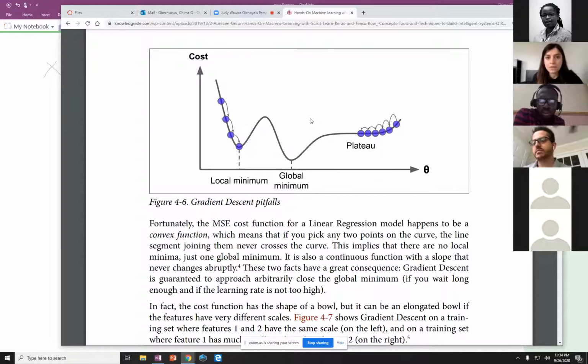The theta is what we want to get at, as we're trying to find a line with theta 0 and theta 1 for linear regression. That's a parameter.